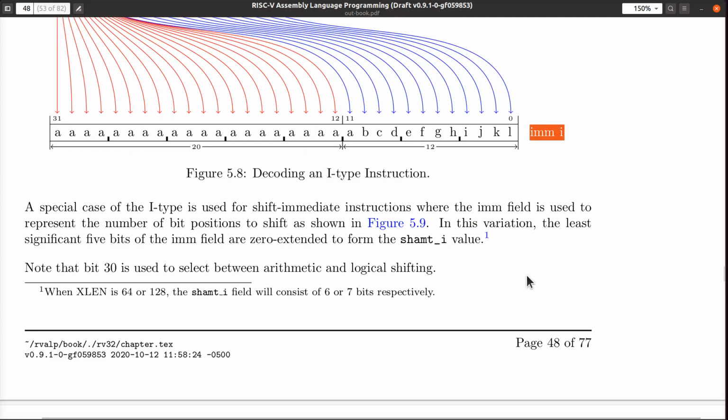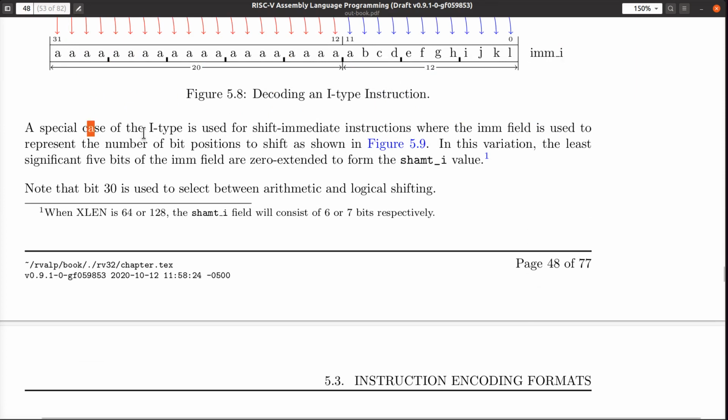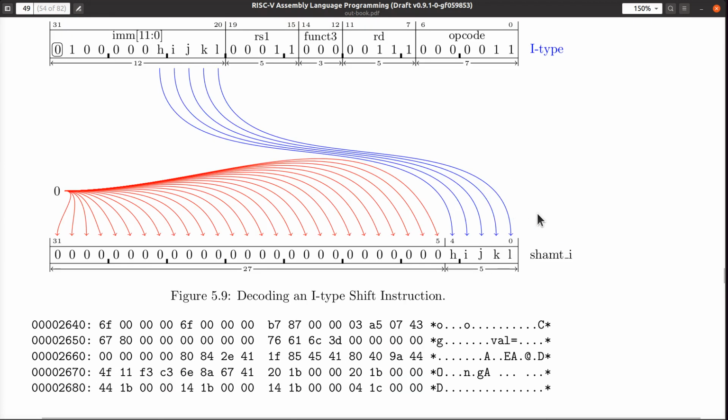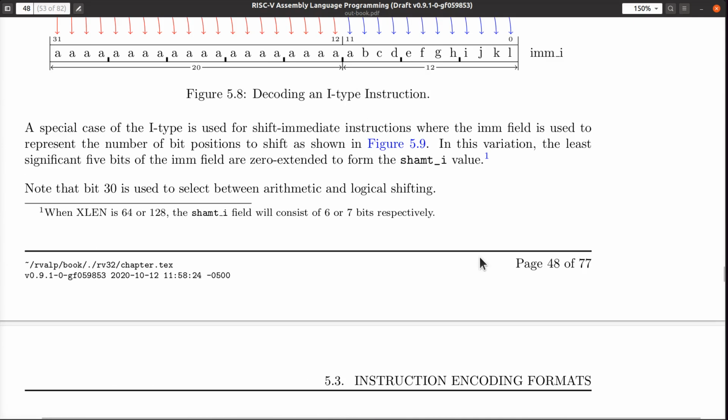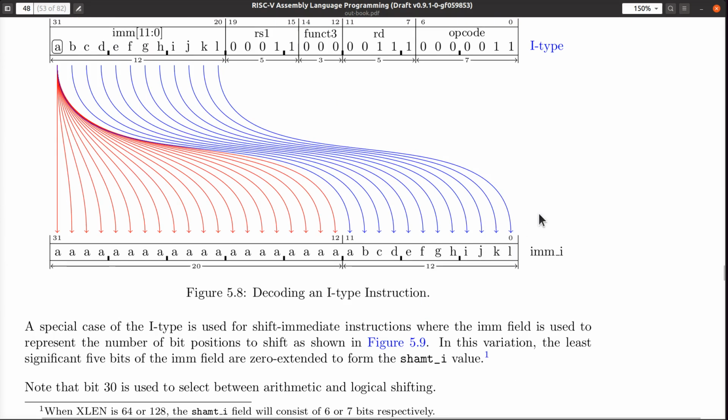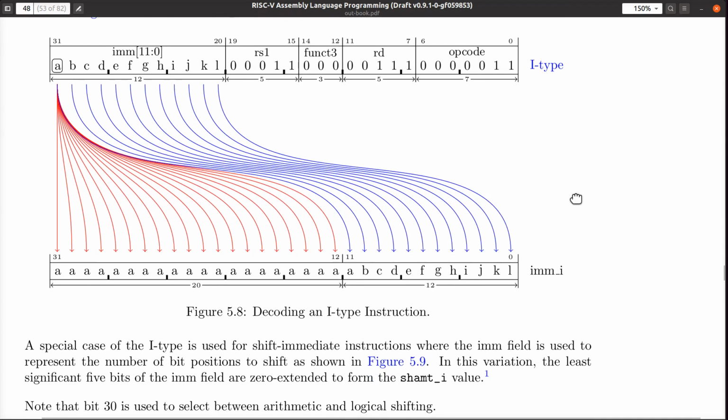So what about the difference between the IMM_I and the shift immediate? I also say there's a special case for what I call shift amount I, okay? Now, it looks like this. Let's look very closely at the similarity here. This is why I think RISC-V officially considers these the same, in spite of the fact that I do not, okay?